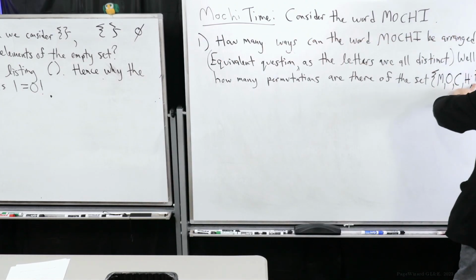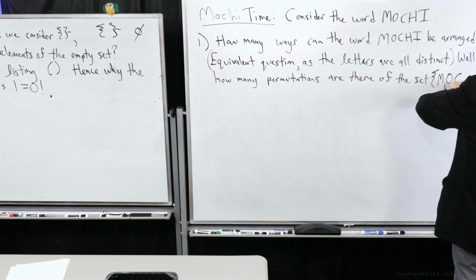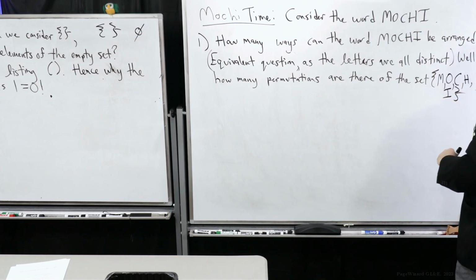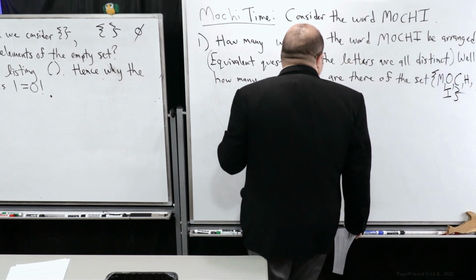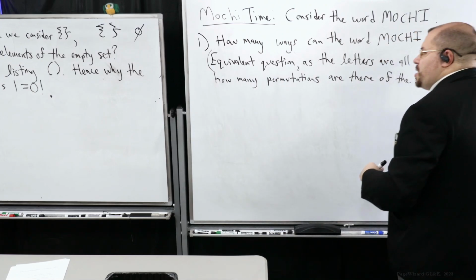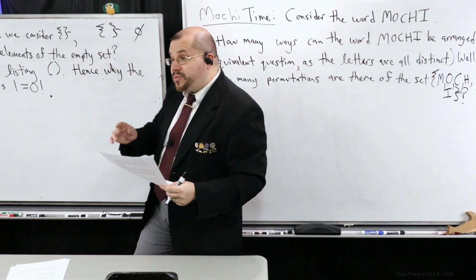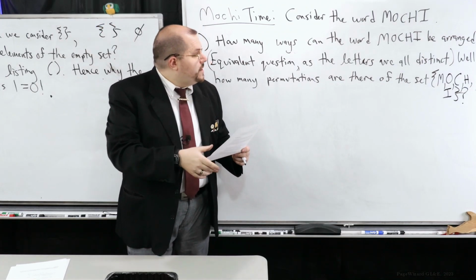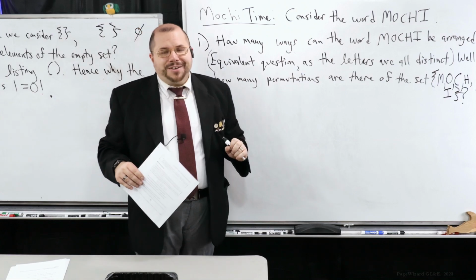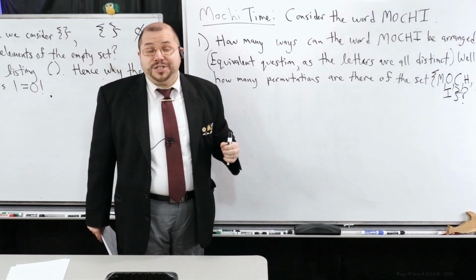Oh, my I is a little bit off the side. Let's bring that in a little bit. H, I. My apologies. How many permutations are there of the set with these 5 elements in it? Well, it has 5 elements, and the reason why this is an equivalent question is because I want to know how to rearrange the letters of the word mochi.